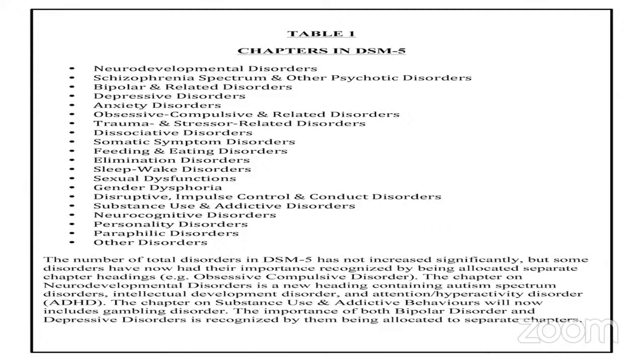Number 4 means fourth edition, and TR means text revision of that edition. Currently we are in the fifth edition, that is why DSM-5. In 2022 they came up with its text revision also.